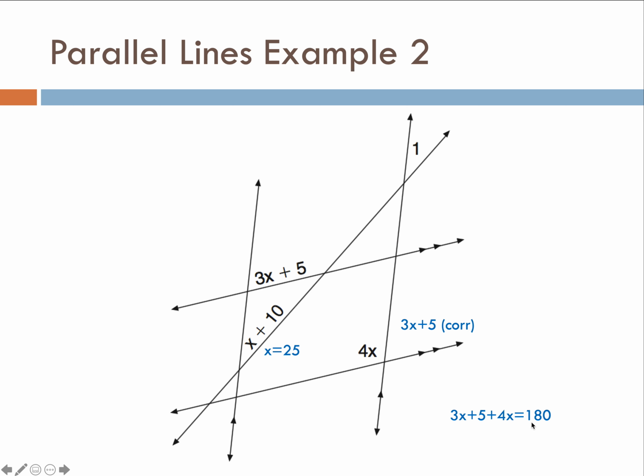By solving that equation, I get x equal to 25, and then that means that angle 1 must be 35 because it's going to be corresponding with x plus 10. So 25 plus 10 is equal to 35.